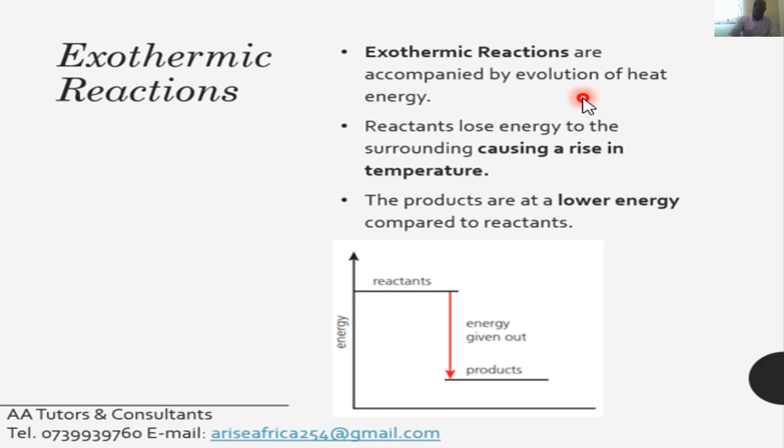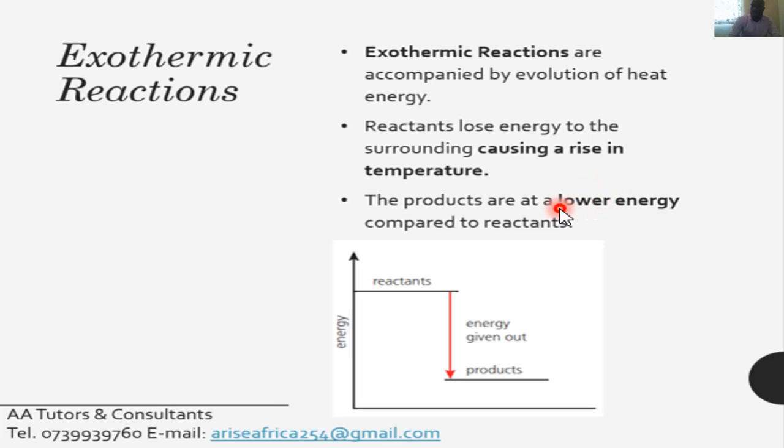Once the reactants lose heat to the surrounding, they cause a rise in temperature. In exothermic reactions, temperature rises in the surrounding, causing a rise in temperature reading. If we are doing this practically in our laboratory, we will observe that the reading of our temperature on our thermometer rises.